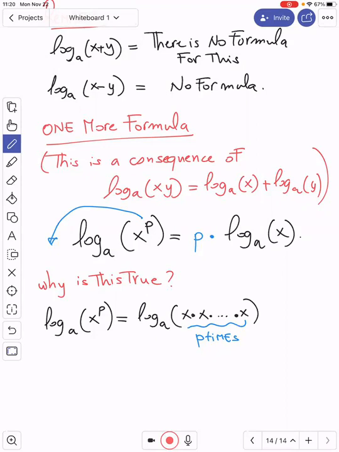So here we have x times x, p times, so it's log in base a of x plus log in base a of x, etc., p times.